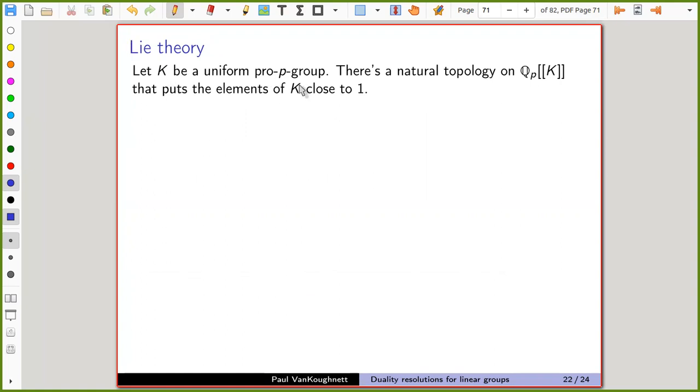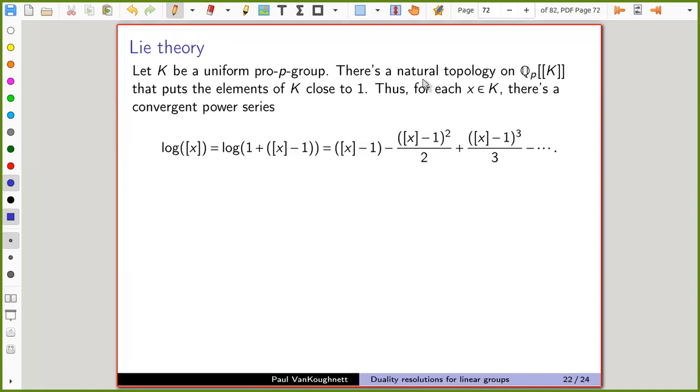If we have a uniform pro-P group K, there's a natural topology on the QP completed group algebra of K that puts the elements of K close to 1. Using this topology, we can define logarithms via this power series.